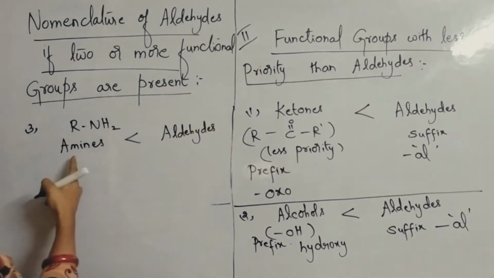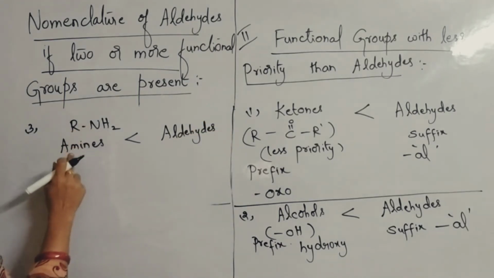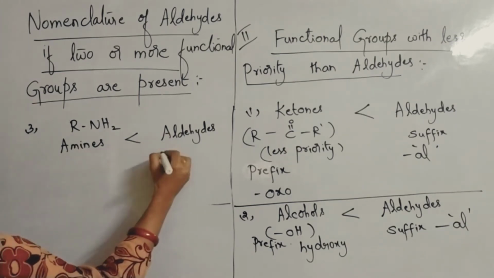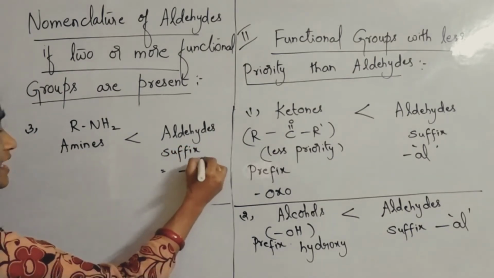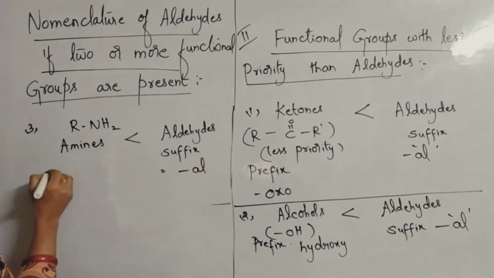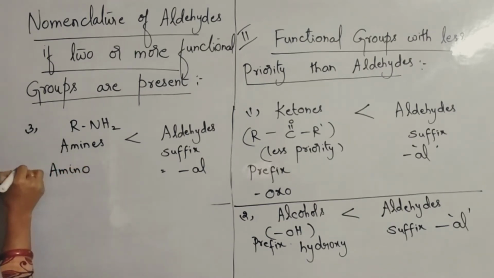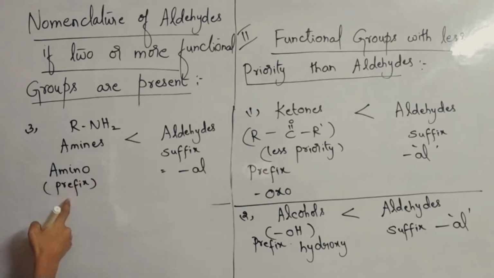If the NH2 group is there, you call them amines. In such case you will give suffix for aldehydes. So you will use the word al for aldehydes, and the prefix for amines is amino.